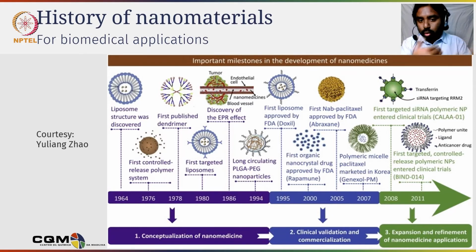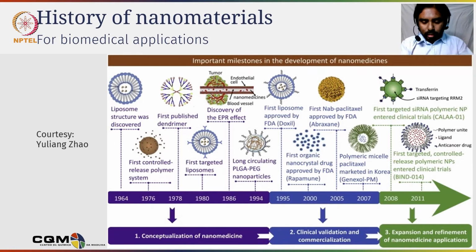So they started to approve, but still more nanomedicines and more nanoparticles are under the radar of the FDA and the EMA, the European Medicines Agency, to get approved for even more biomedical applications, right?